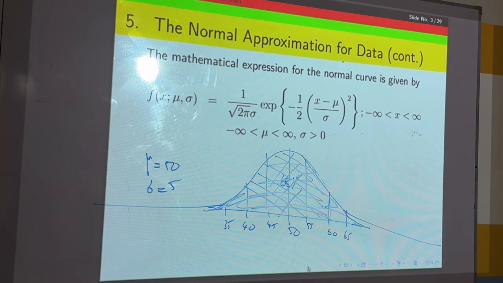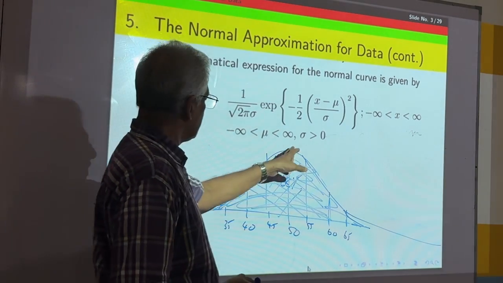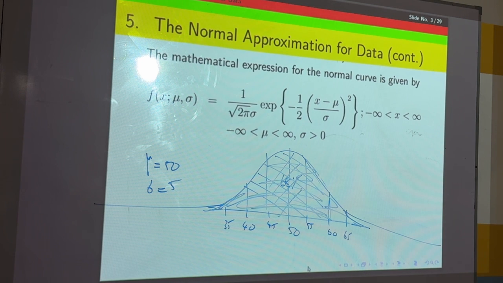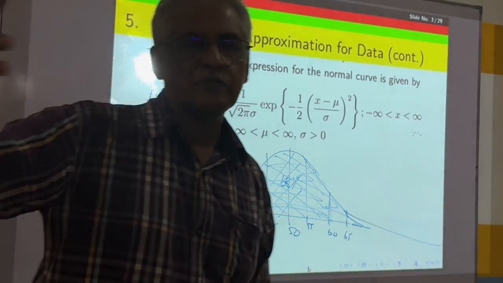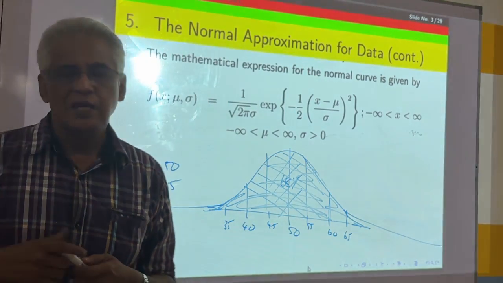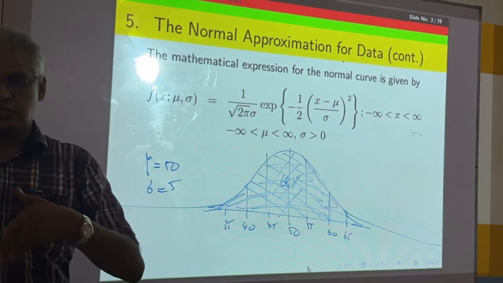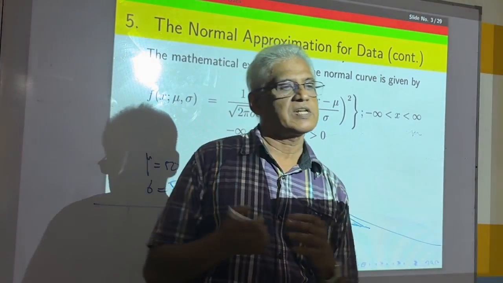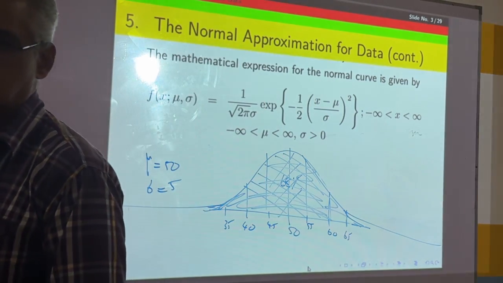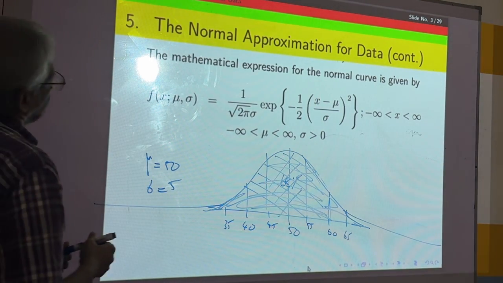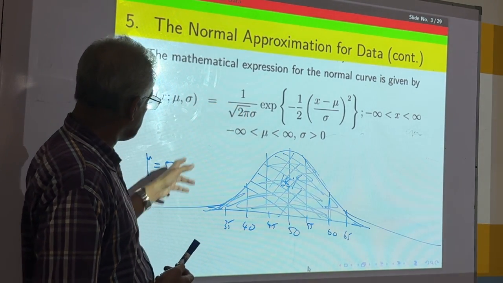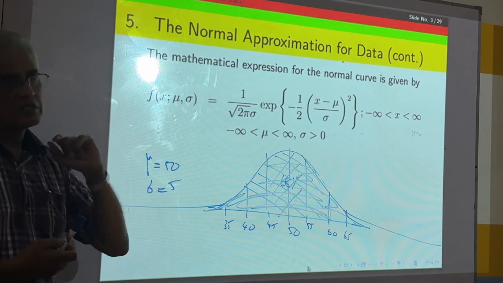Later on, we can show that this center is actually the population mean. If you draw this approximation for a population of values, and the population histogram is symmetric, then mu will be the population mean and sigma will be the population standard deviation. So this can be considered as the normal distribution with mean 50 and standard deviation 5.